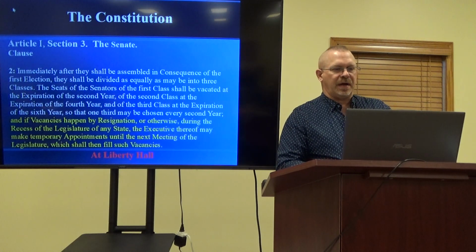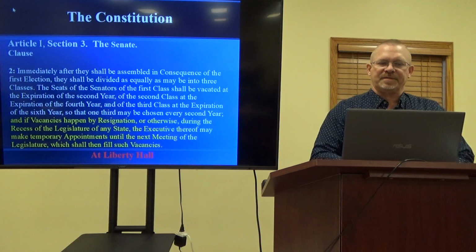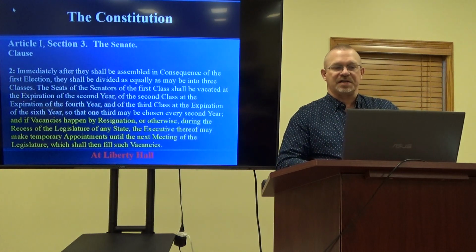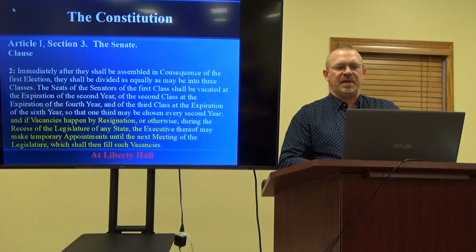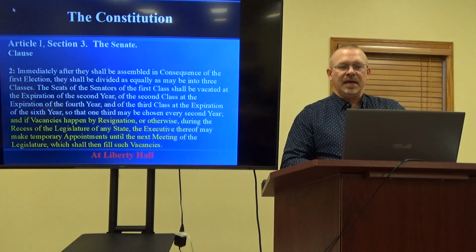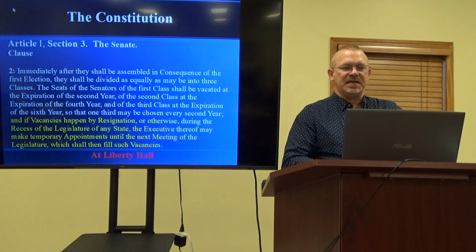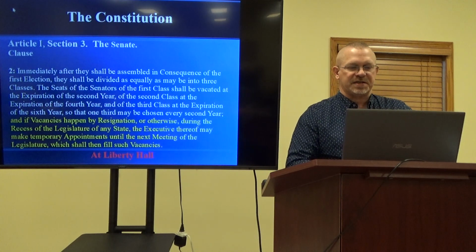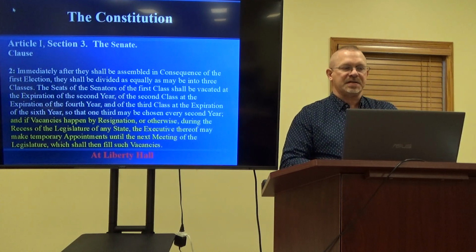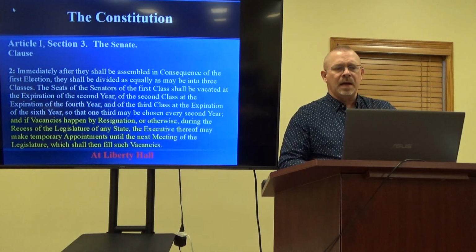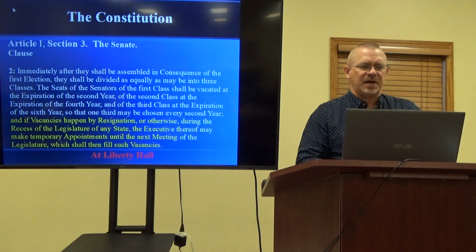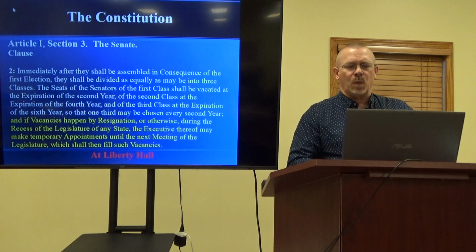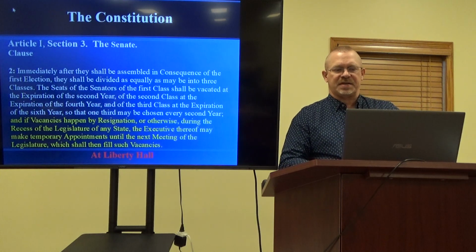Article 1, Section 3, Clause 2. Immediately after they shall be assembled in consequence of the first election, they shall be divided as equally as may be into 3 classes. The seats of the senators of the first class shall be vacated at the expiration of the 2nd year, of the 2nd class at the expiration of the 4th year, and of the 3rd class at the expiration of the 6th year, so that 1/3 may be chosen every 2nd year.